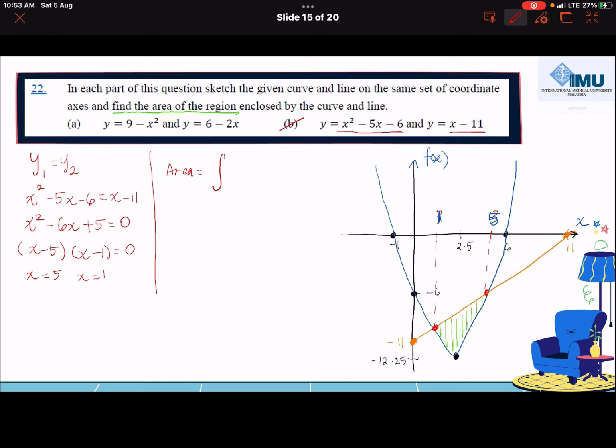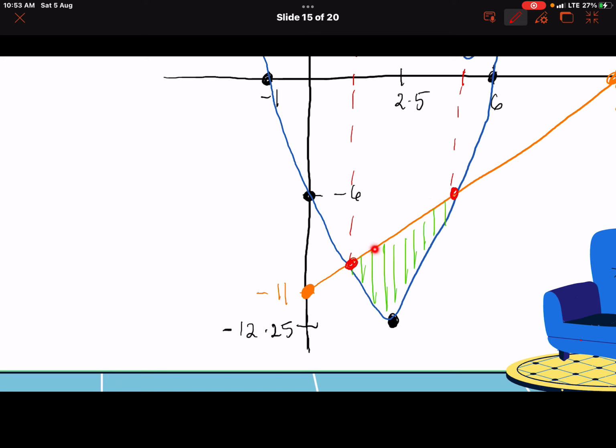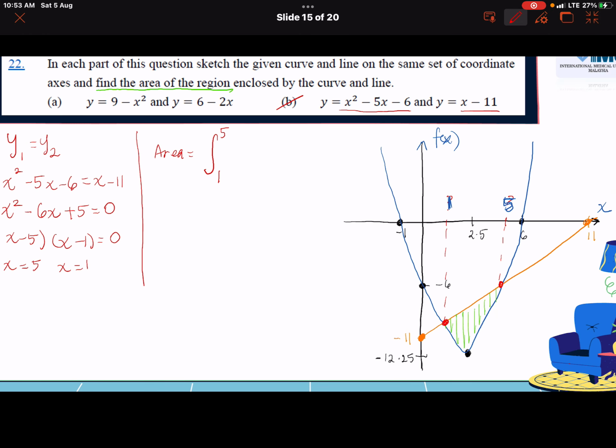Your lower boundary is 1, upper boundary is 5. Remember, which one is the upper curve? Look at here. It must be upper curve minus lower curve. Your upper curve, which is the orange color, is basically the equation of your straight line.